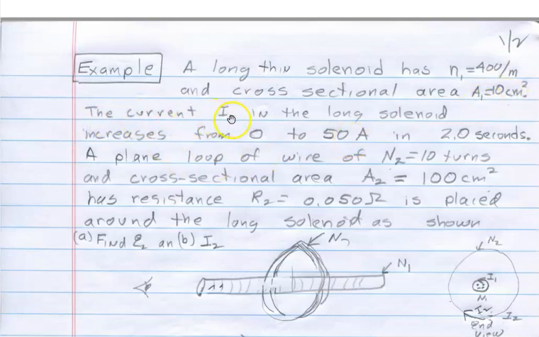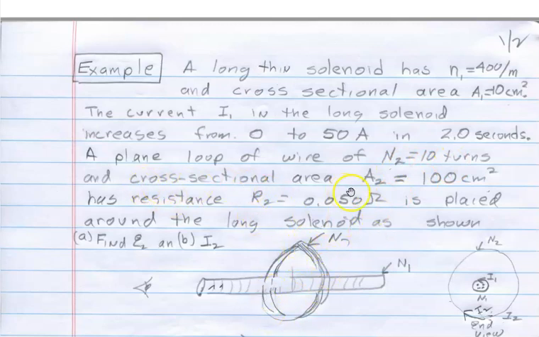And the current, I1, in this long solenoid that I've got drawn here, is increased from 0 to 50 amps in 2 seconds. Then wrapped around that, we have a plain loop of wire that has N2, 10 turns, that's this outer one here.